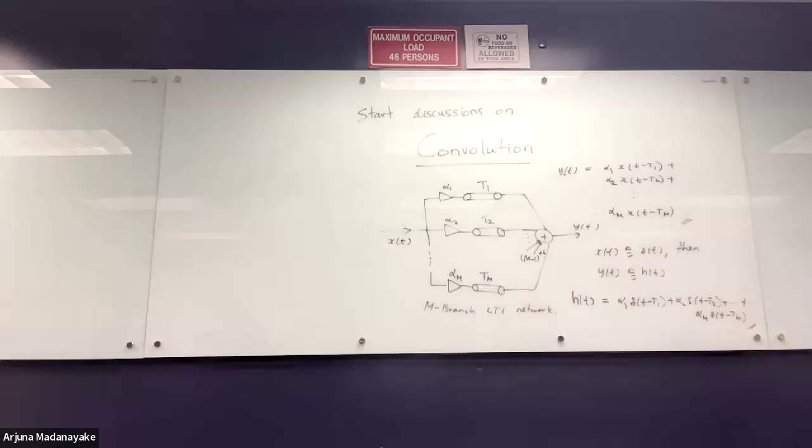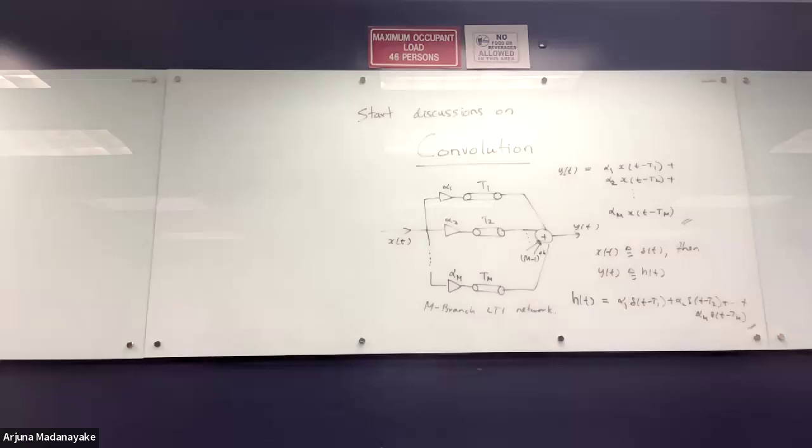So if you know the signal flow graph and where all the alpha 1, alpha 2 gains are and where all your delays are, you can find the impulse response of the system just by looking at it. By inspection. There is no math. It looks like math, but not really, because you can just write it down in one shot.